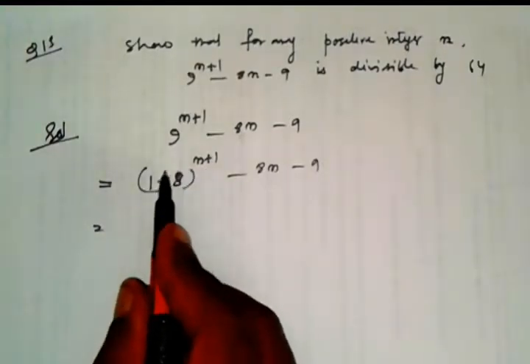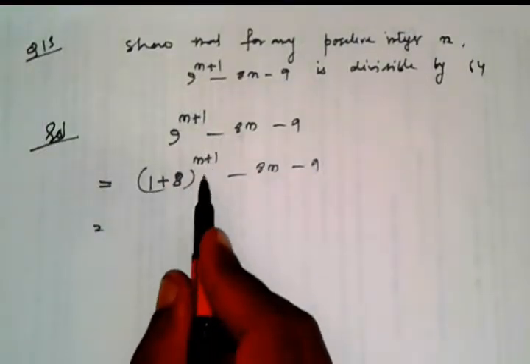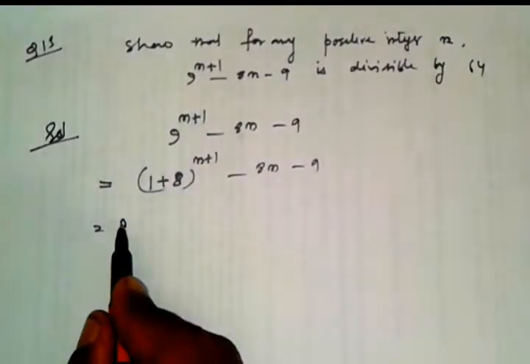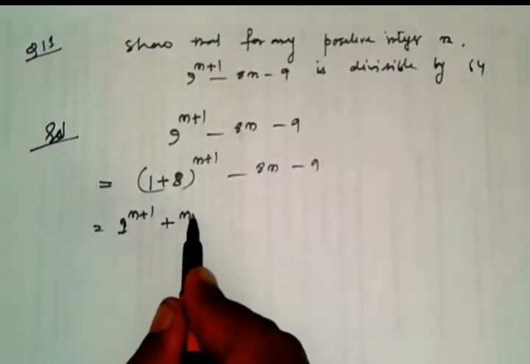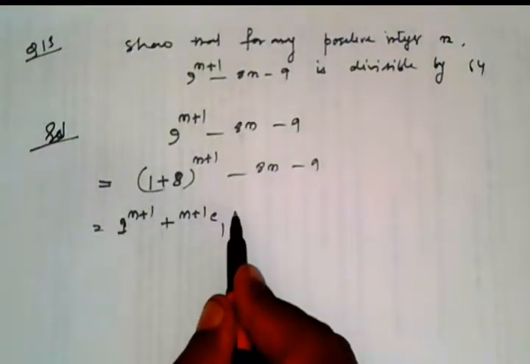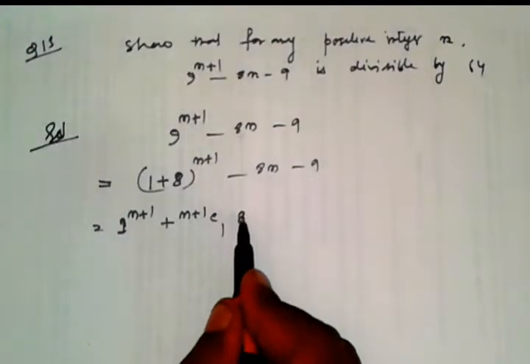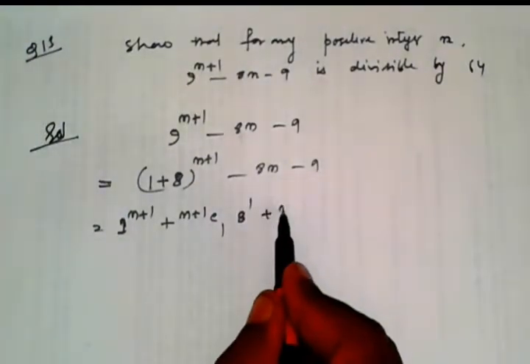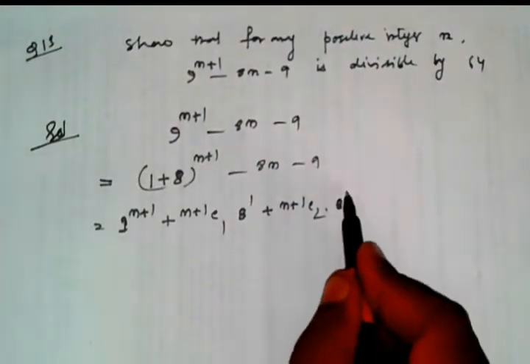(1 plus 8) whole to the power n plus 1 is of the type (1 plus a) to the power n. The first term is 1 to the power n plus 1. Next n plus 1 C1 into 1 to the power n, with 8 to the power 1. Then n plus 1 C2 with 8 to the power 2.